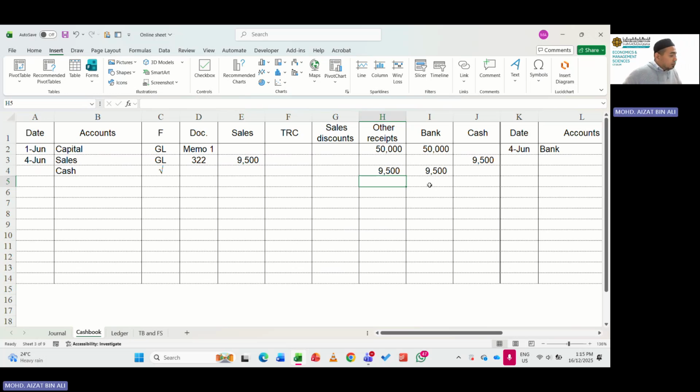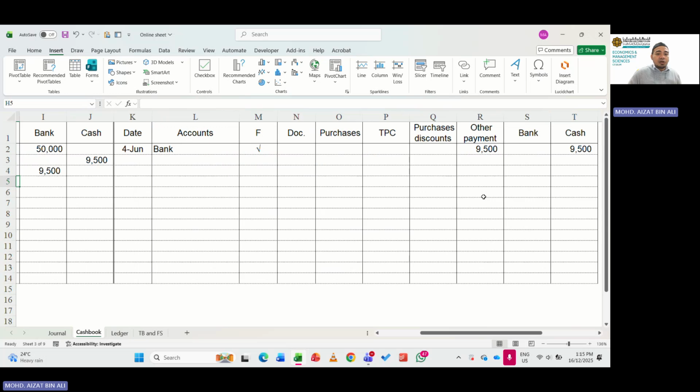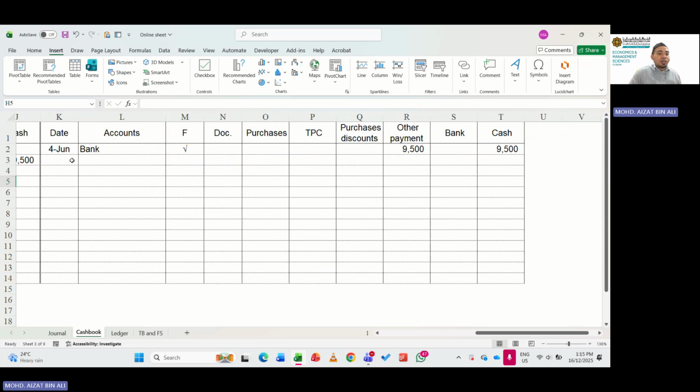6th June, paid for motor expenses by check. So what happened is that we pay for expenses. So the impact is that we have to record this on the credit side of the cash book. So 6th June, paid for motor expenses. So we write down motor expenses. And the folio, where can we find the motor expenses account later on? In the GL, in the general ledger.